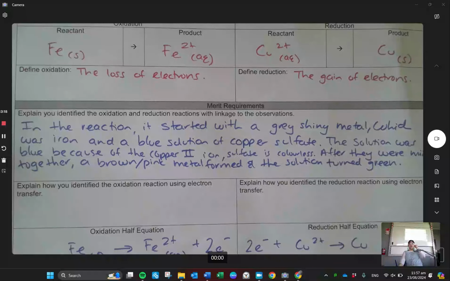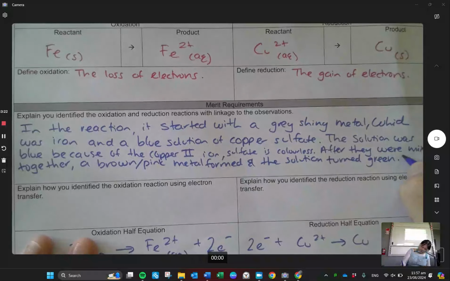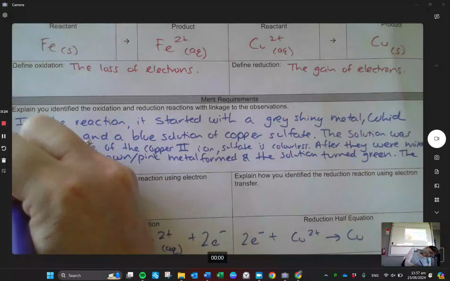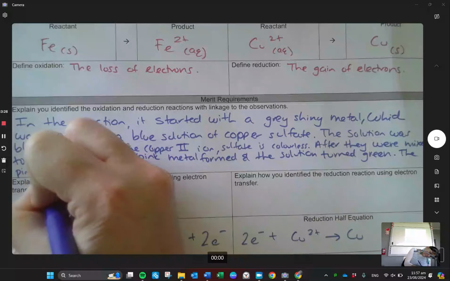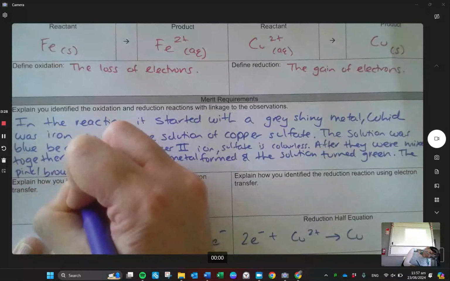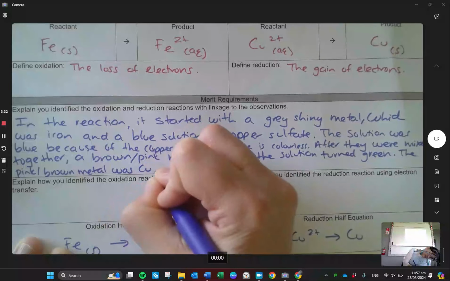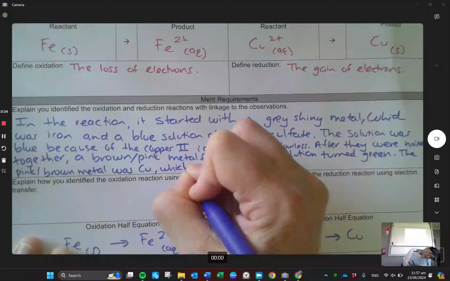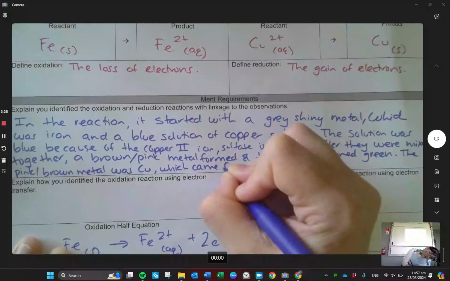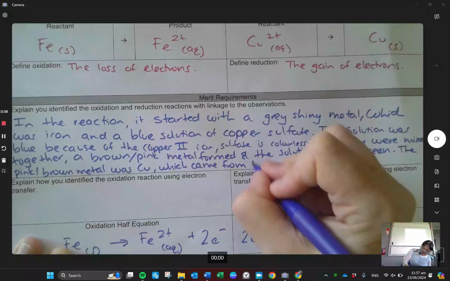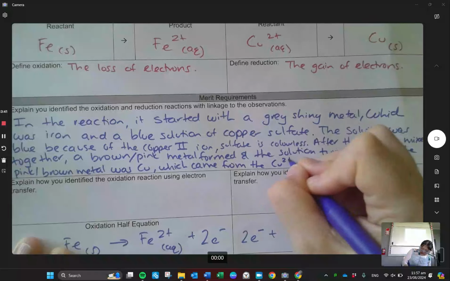The pink brown metal is copper, which came from the Cu2+ ion.